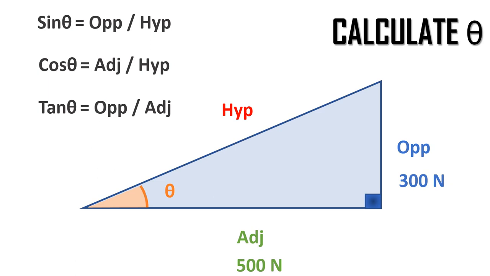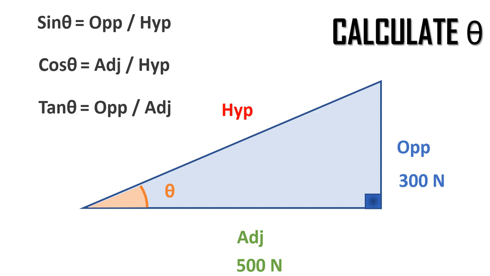So what I would say here is just pause this video and see if you can figure out which of these three equations you would use in order to calculate theta. You haven't got to do it, but just think to yourself, which would I use? Which of the three would I use based on the information that you have now been given? And we're just pretending that we don't know what the length of the hypotenuse is.